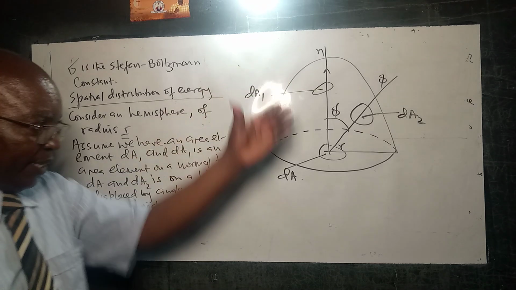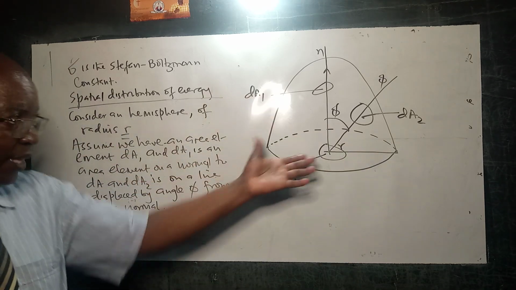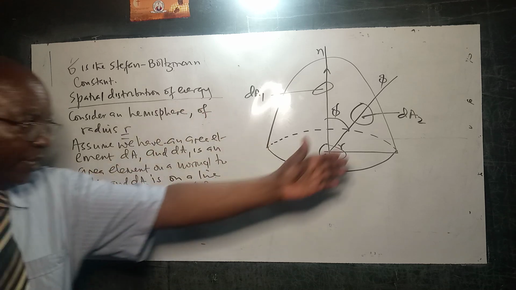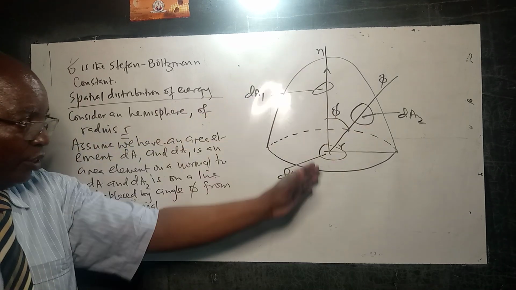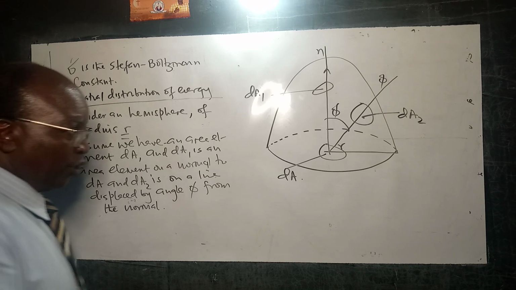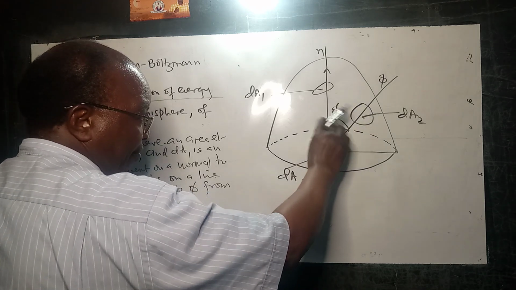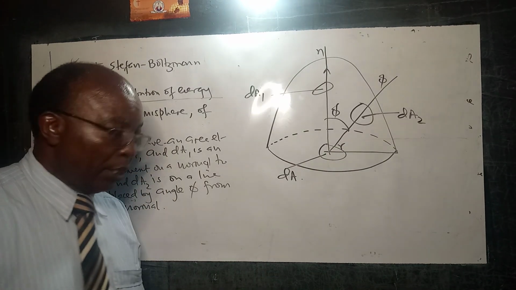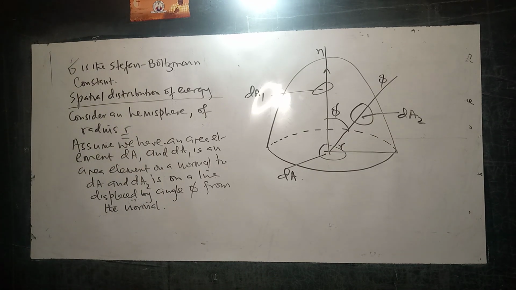So this is just a sphere. We are saying the radius is r. We are looking at the area elements dA1 and dA2, and dA1 is on a normal to this dA, and dA2 is displaced by an angle phi from that normal. That's important for us to note.